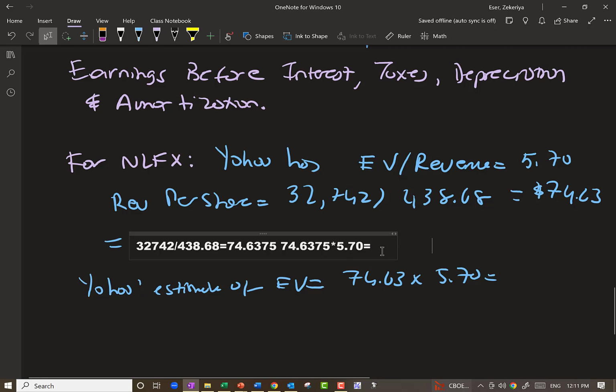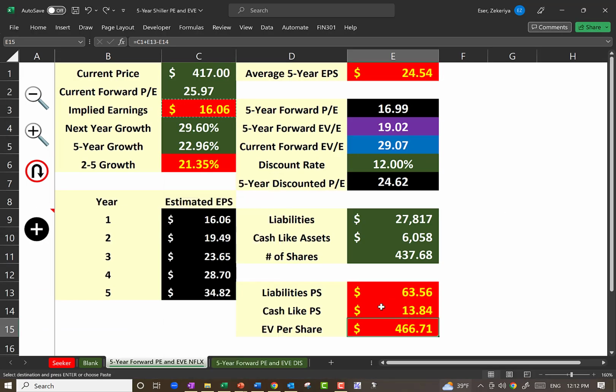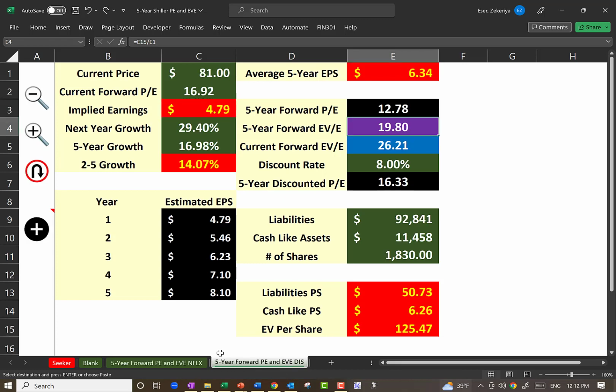Come on. 425.43. What did we get for enterprise value? 466. So more than likely Yahoo is not using forward revenue. They're using backward revenue. So I don't want to use their EV over EBITDA.